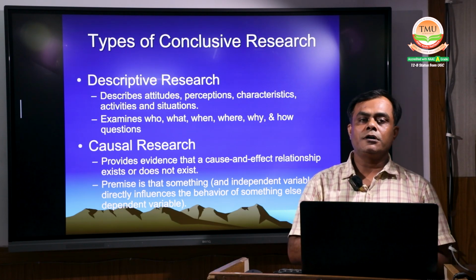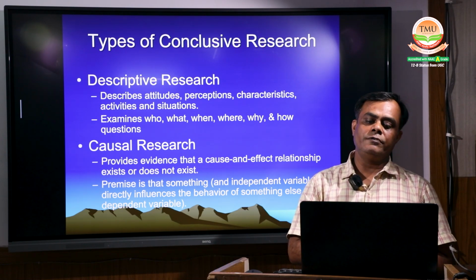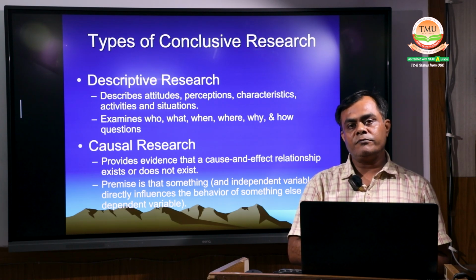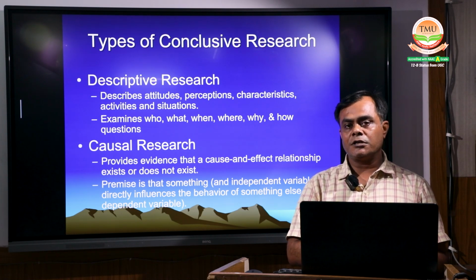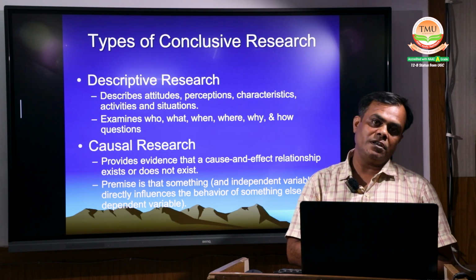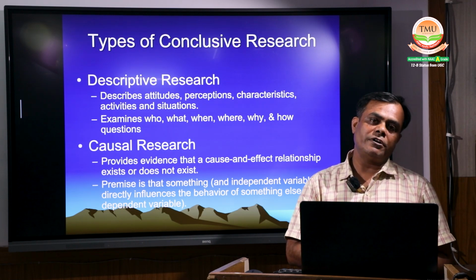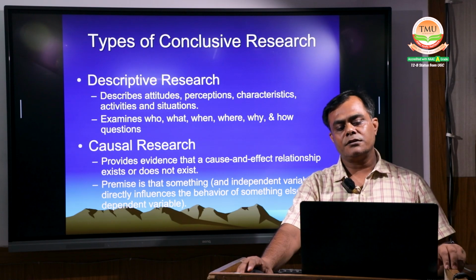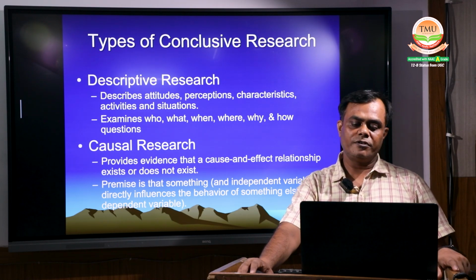So in causal research design, we are just finding the cause and effect between the independent and dependent variables: is there a cause and effect between them, or is there no cause and effect between the variables.